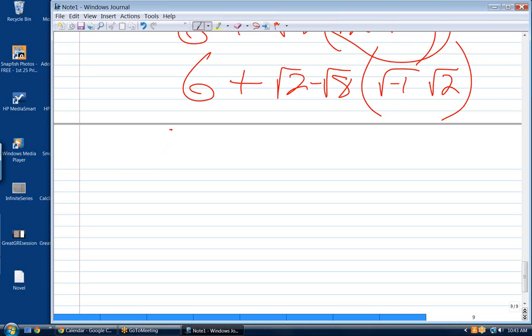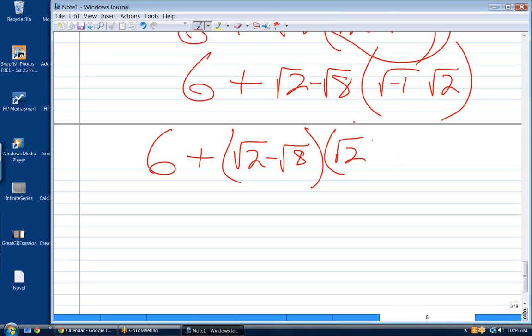So now what we have is, I'm going to pull the square root of 2 out and leave i. Okay? That makes sense, yeah. Now I can distribute this. So I've got 6.